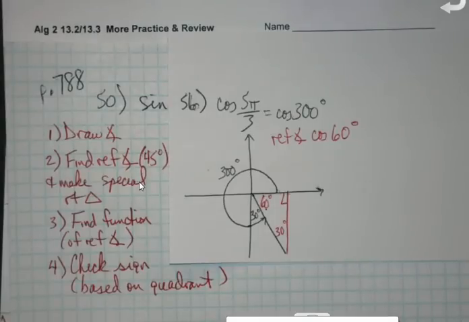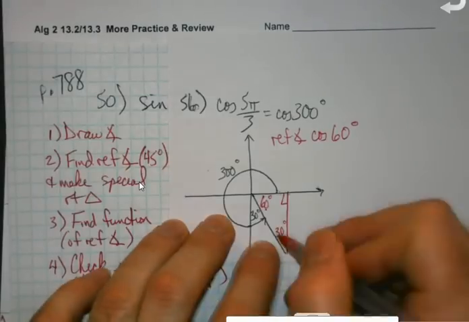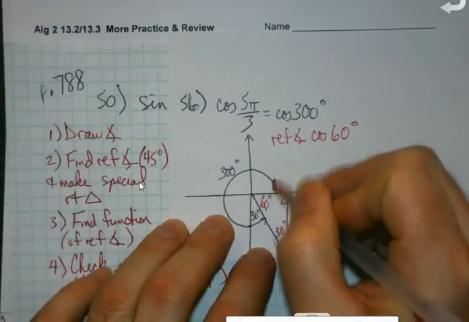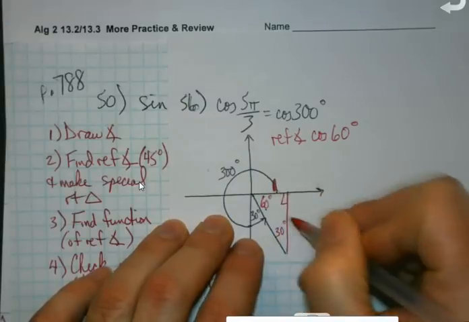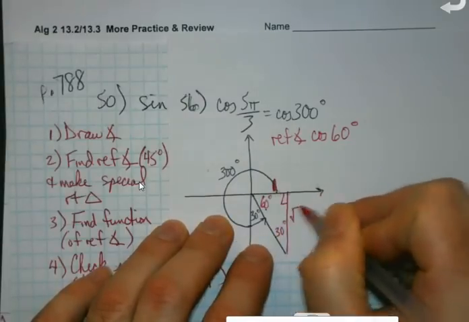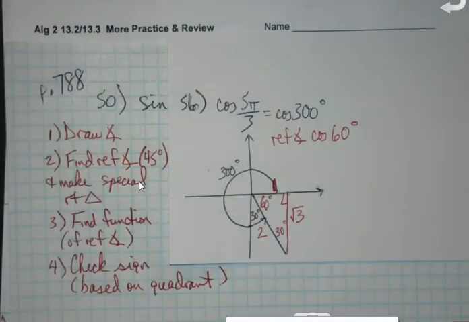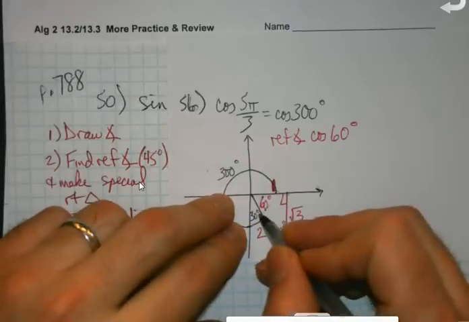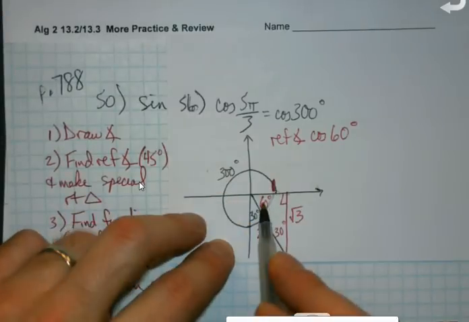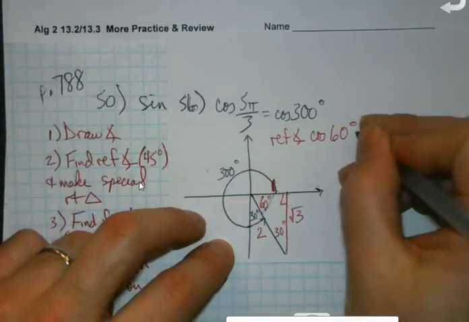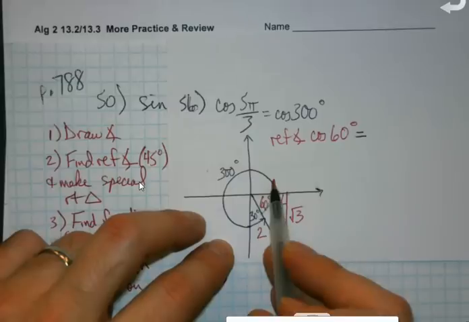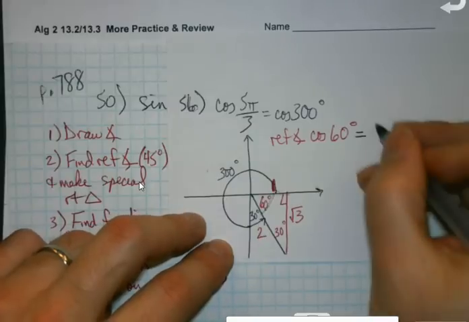So once I have that, and I've made my special right triangle, I've got 1, my long leg is the square root of 3, and my hypotenuse is 2. I'm looking for the cosine of 60, the cosine of this angle, of my coterminal. So that would be adjacent over hypotenuse.